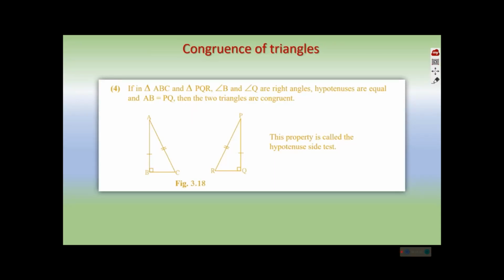But if the triangle is a right angled triangle, we will have one angle 90 degrees for sure, and the side opposite to that is called the hypotenuse, and the adjacent sides.